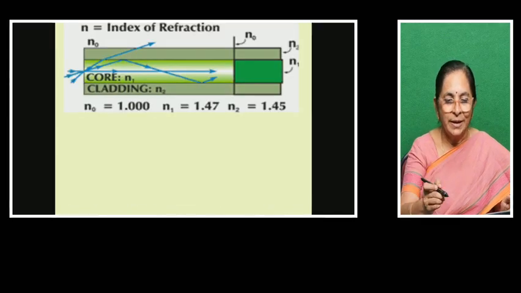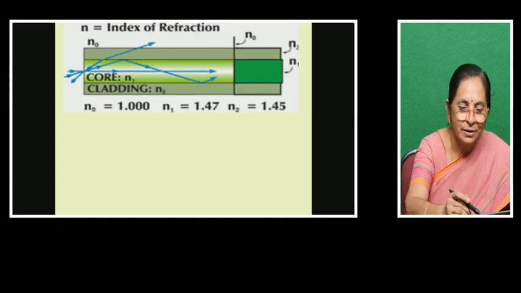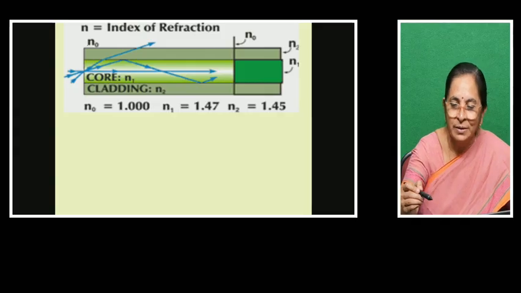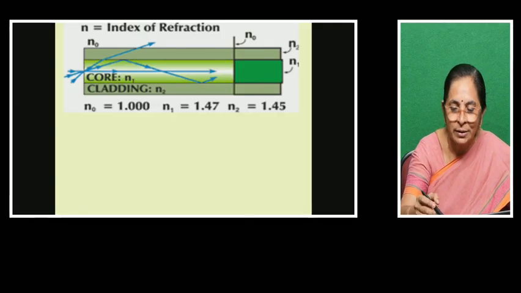Here also I have shown an optical fiber. You can see the core surrounded by the cladding. Suppose we represent the refractive index of the core as N1, the refractive index of the cladding, the outer layer, as N2, and the refractive index of air as N0. For air the refractive index is 1, the core should have a higher refractive index, so it is 1.47.